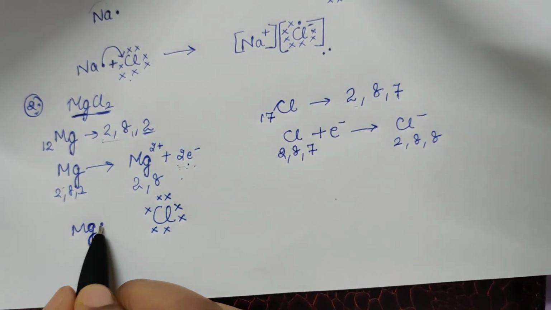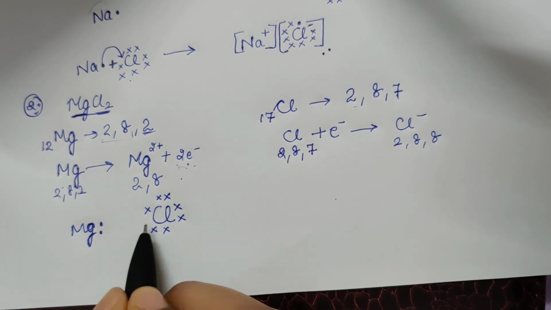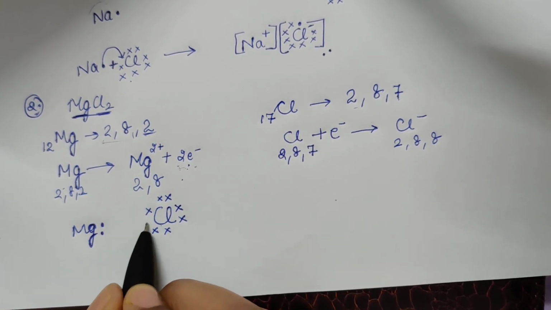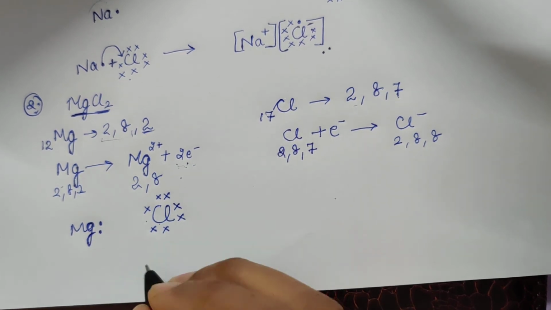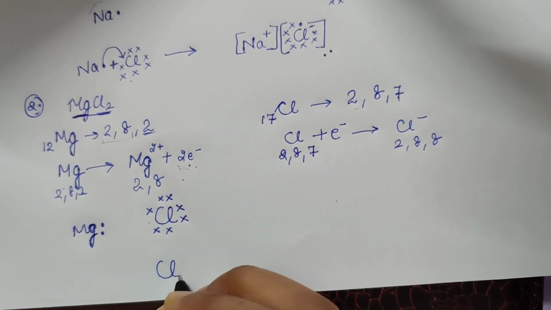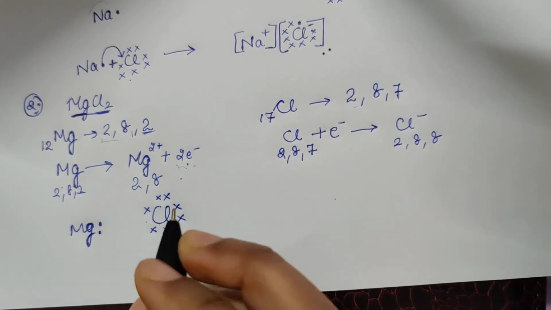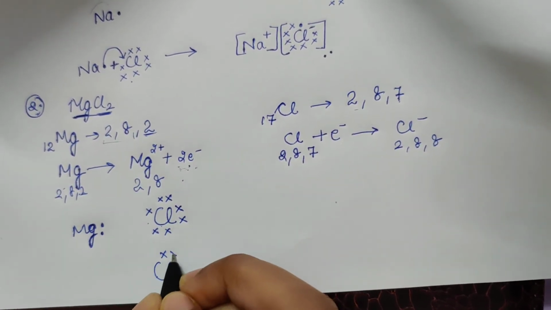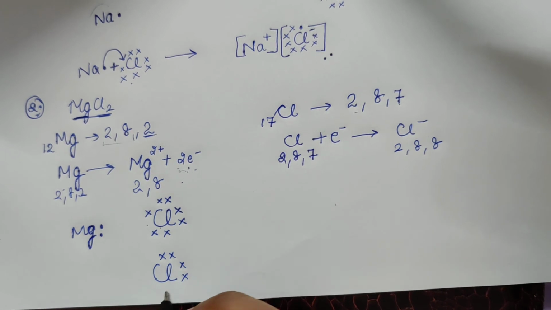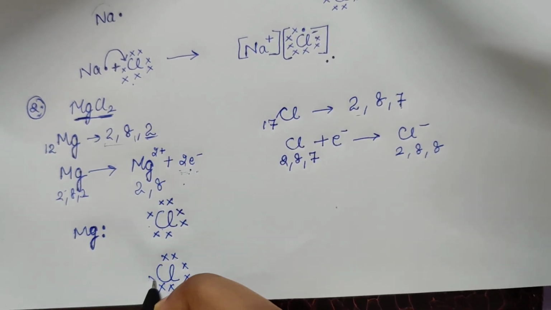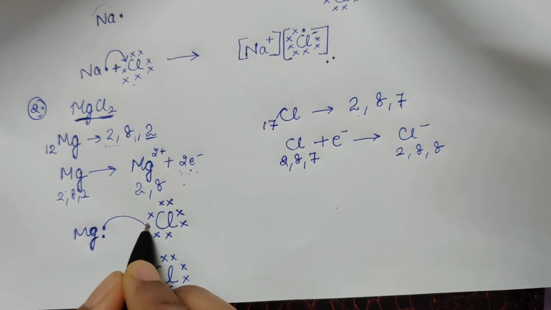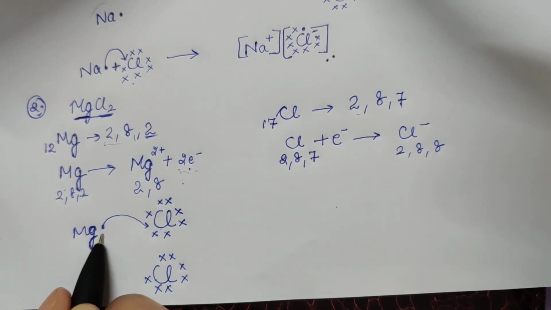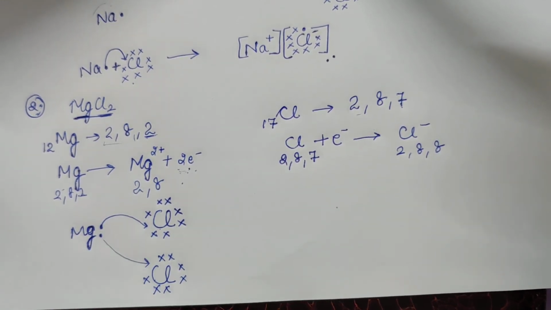Now magnesium has 2 electrons, whereas chlorine only needs 1 electron. So what will magnesium do? It will give 1 electron to each chlorine atom. So 1 2 3 4 5 6 7. Now 1 electron is given to this chlorine and 1 electron is given to this chlorine.